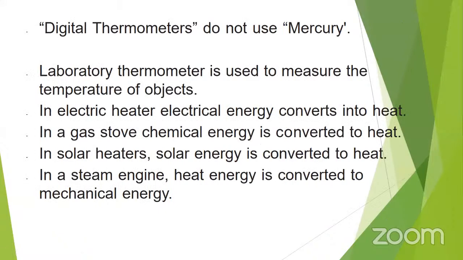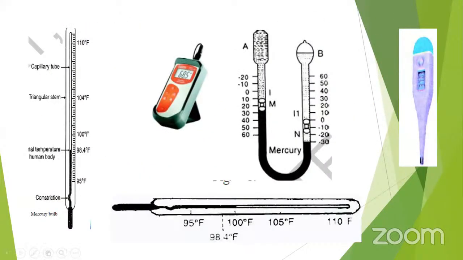And these days, digital thermometers are used to measure the temperature. So here we can see the diagram of a digital thermometer. These days, even the doctors use this because it gives numbers in a digital way. Usually, it is easily readable, and when the reading comes, it gives some beep sound.